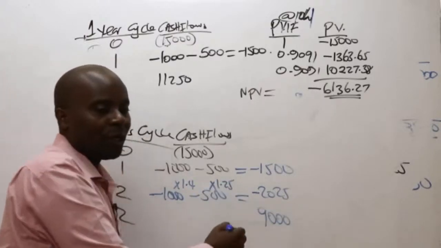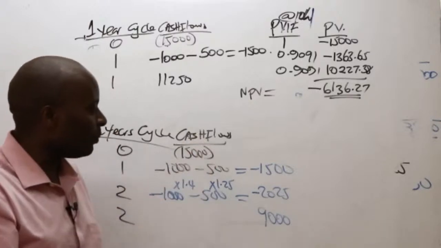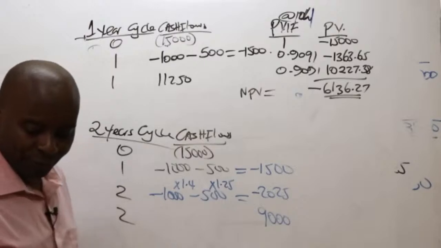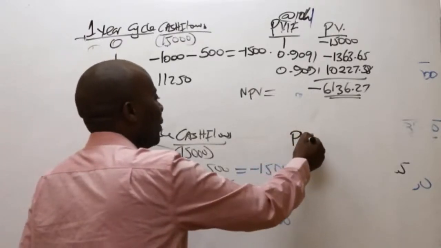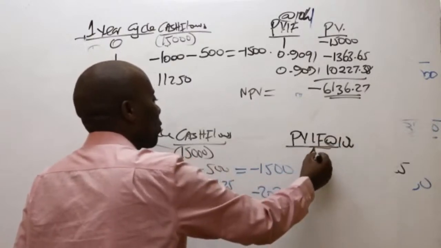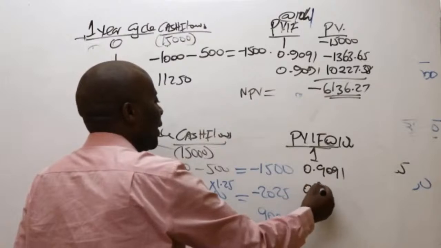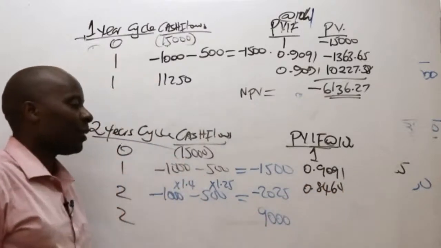So straight away, provide a column for PVIF, at 10%. The first one is 1. The second one is 0.9091. Then we have 0.8464. Please confirm this figure.